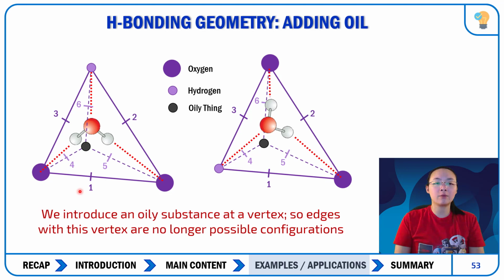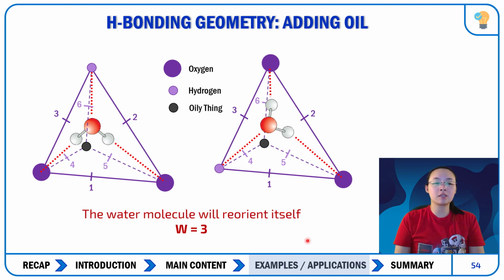So in this case, I only have 3 preferable interactions with the hydrogens, and that means our multiplicity is now 3. And because it's 3, it means that your water molecules will prefer to reorient themselves so that they don't have to end up with W equals 3 for every single water molecule.